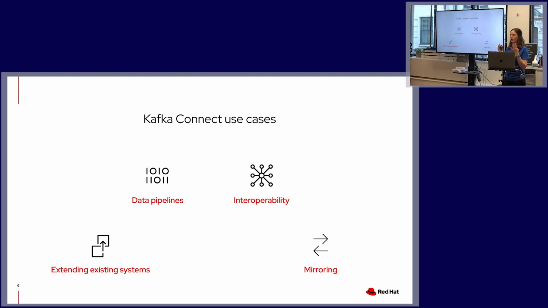Often people will use connectors for connecting databases, using change data capture, where you capture updates from a database and put them into a Kafka topic. There are specific projects that create different connectors for different databases. And the final one is mirroring. If you've heard of MirrorMaker, that's actually built on top of Kafka Connect.